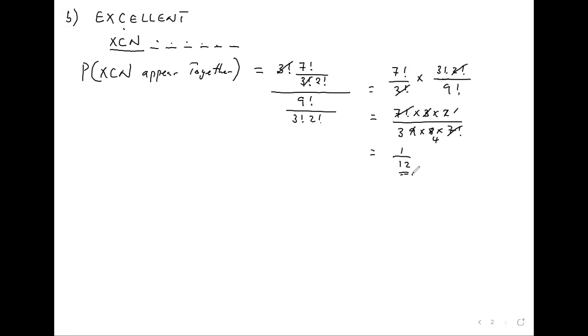So when X, C, N appear together in any order, anywhere, first they make one letter, but that letter has 3 factorial combinations, meaning 6. And then nothing is repeating there, so we can't divide anything.